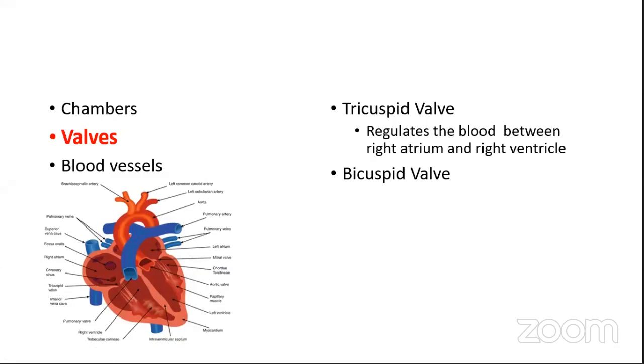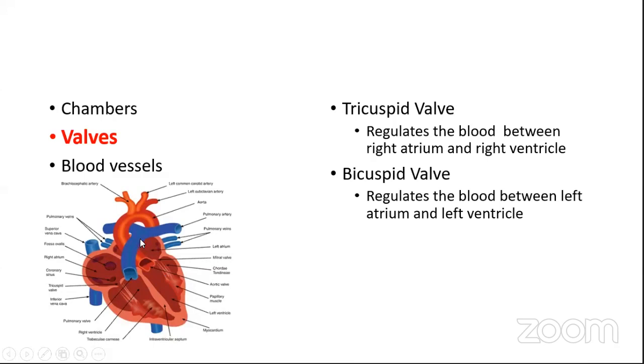So they say bicuspid valve or mitral valve here. Sometimes they also term it the left atrioventricular valve. This bicuspid valve regulates the blood between the left atrium and the left ventricle.